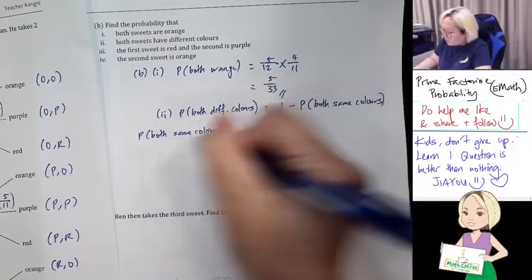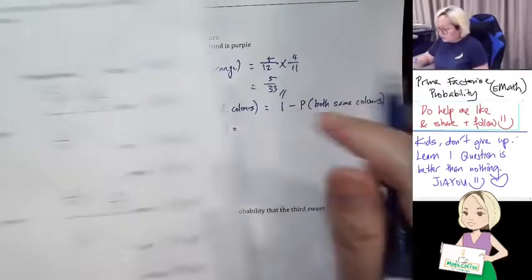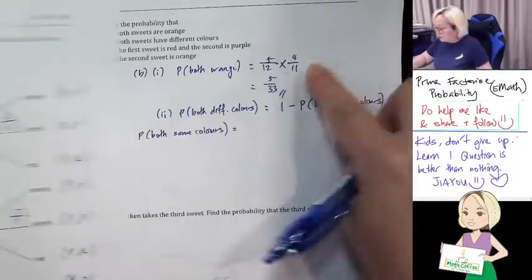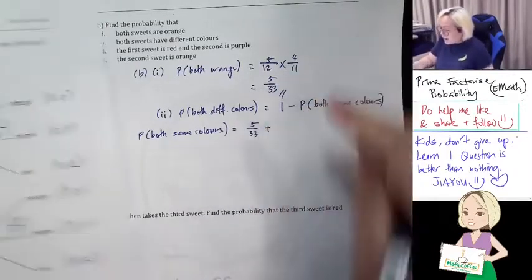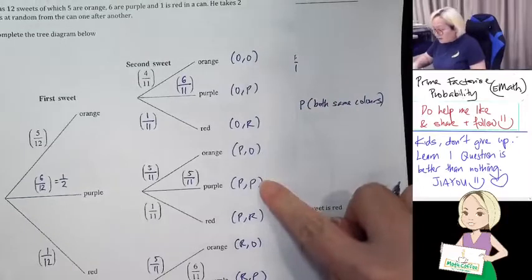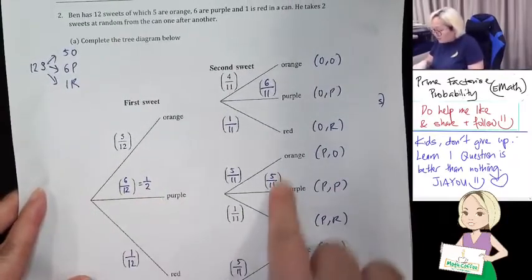Same color one is OO, right? Just now we already did this one, so I know it's 5 out of 33. I'm going to add PP. So my PP is half times 5 over 11.